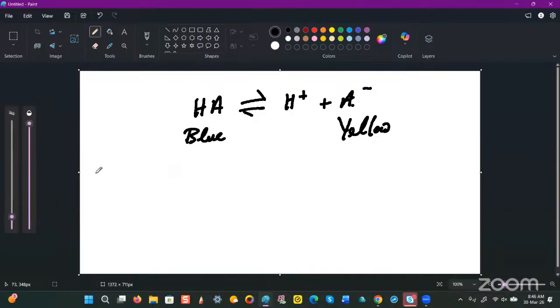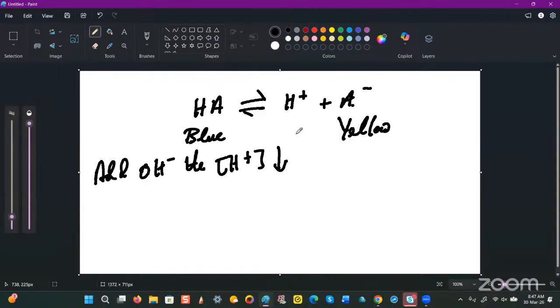If you add a base, OH minus, then the concentration of H plus will decrease because the OH minus will be reacting with the H plus, which means that the equilibrium will shift to the right. Therefore, the concentration of A minus will increase, and the solution will appear more yellow.